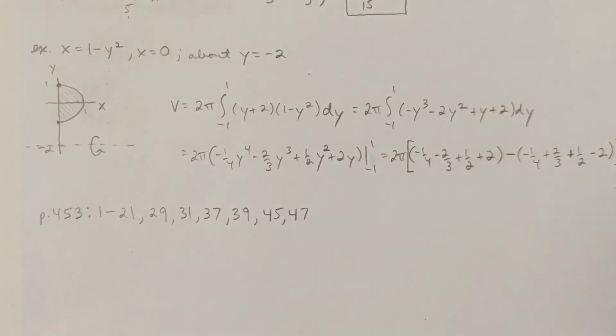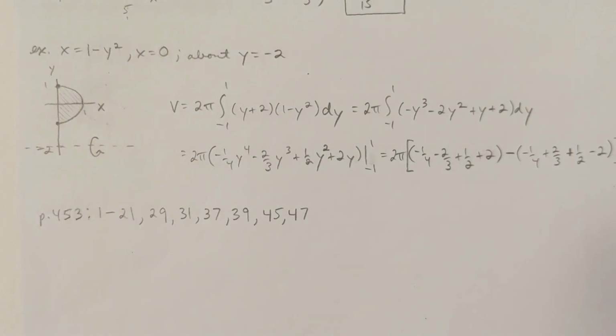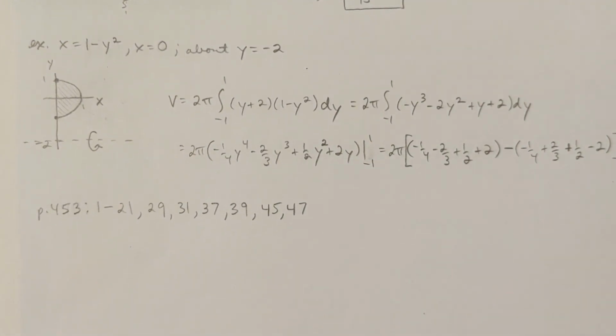That would be the situation where we'd want to use the shell method. I'll tell you which method to use when I ask you to compute the volume. But we're now done with the topic of volume.